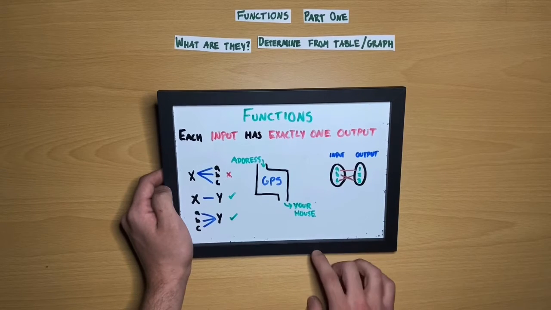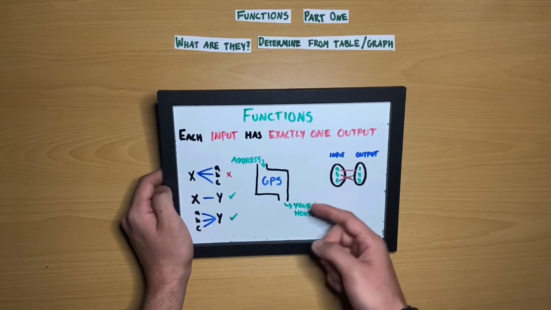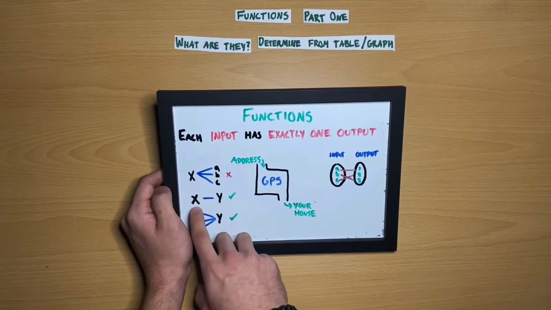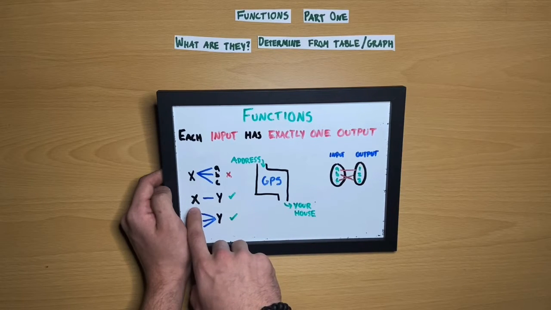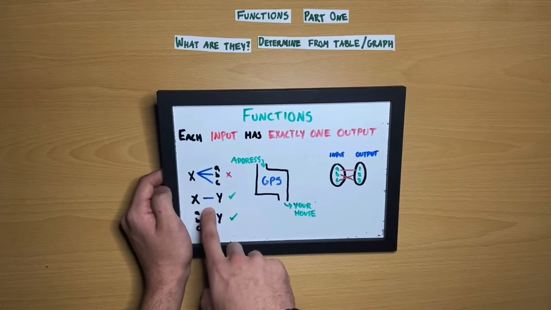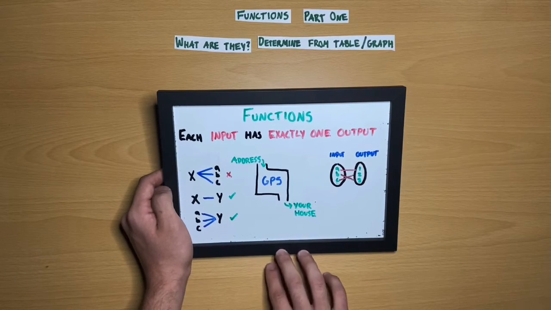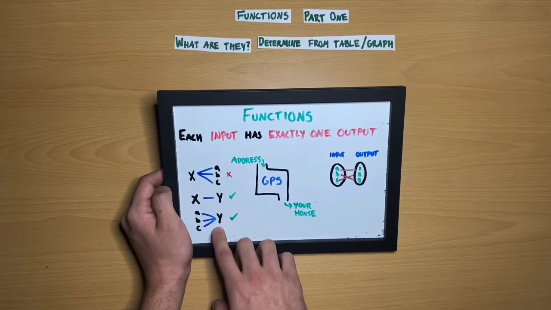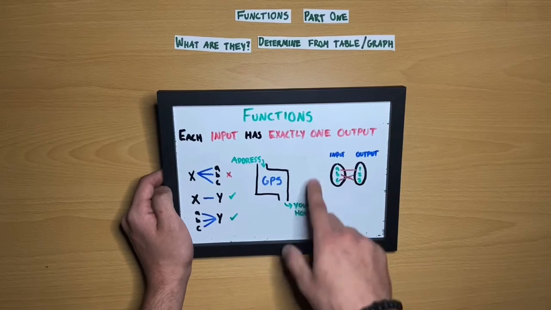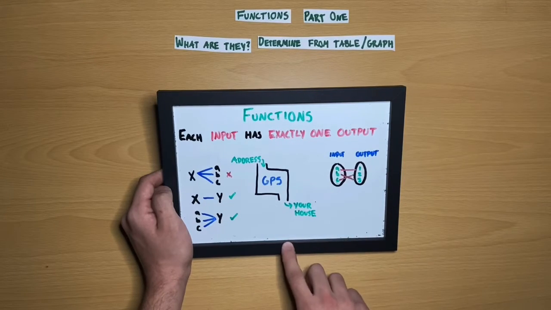One last thing I would like to point out is that you can do the opposite. While you only want one X going to exactly one Y, one input going to exactly one output, you could definitely have multiple inputs going to the same output. I'll use this example again.